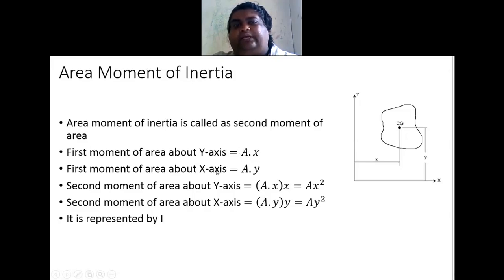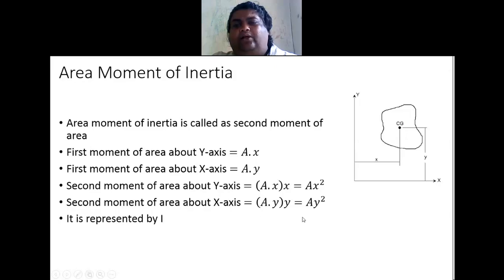So the second moment is the moment of area. That is called the moment of inertia. So the second moment is taken as Ax into x, or it becomes Ax square, and about the x-axis it is Ay into y, which is Ay square, and this is represented by I.